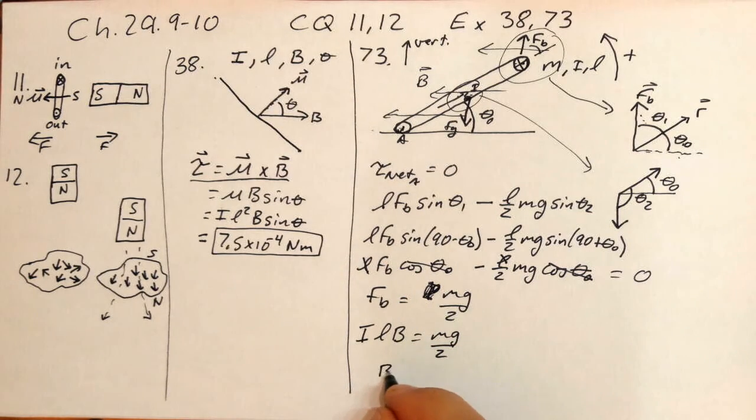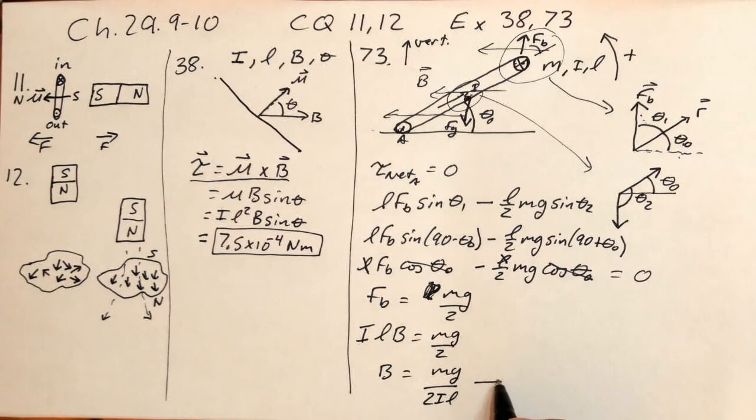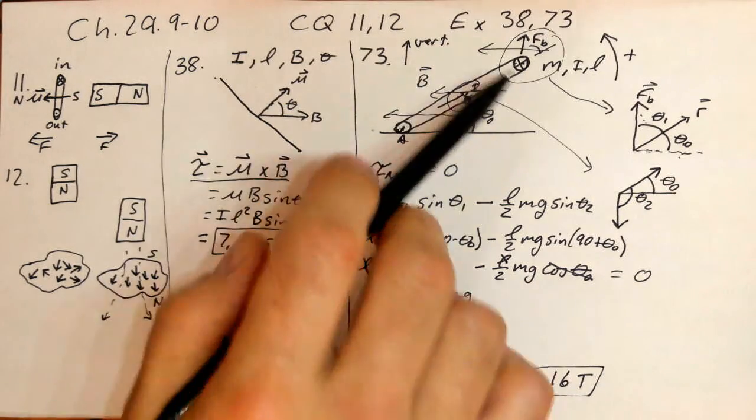And so B is then equal to mg over 2IL. I know all that, so I can plug in my numbers and I'll get 0.16 tesla. That is the magnetic field, which is a sizable magnetic field to hold this up.